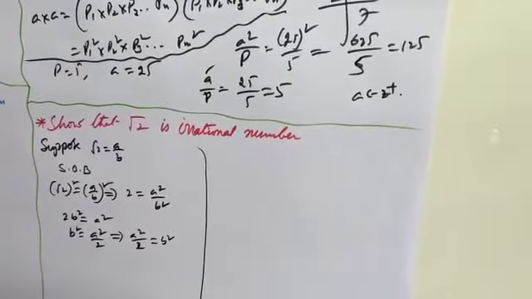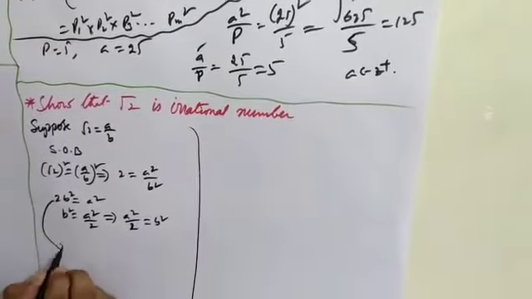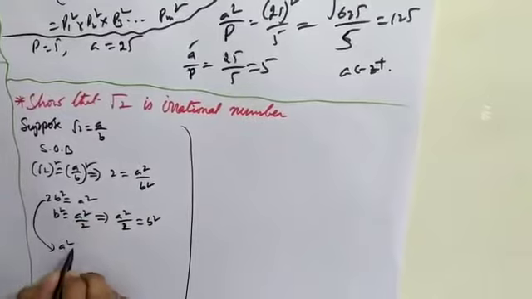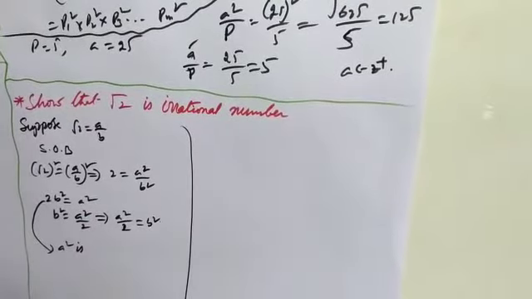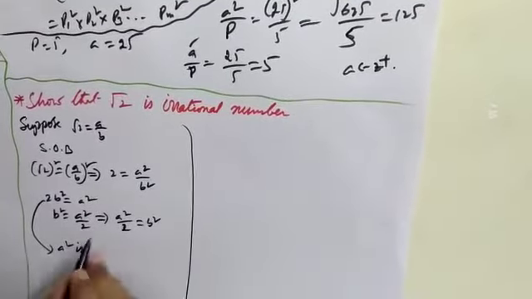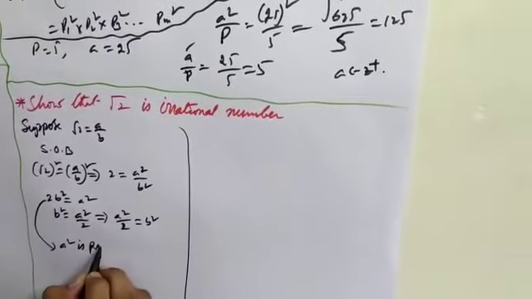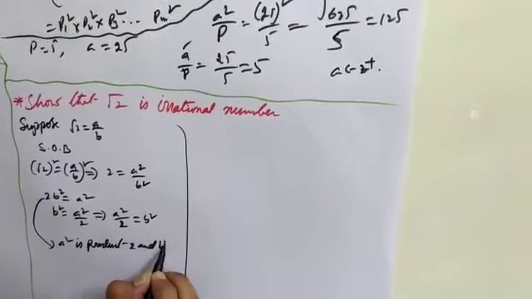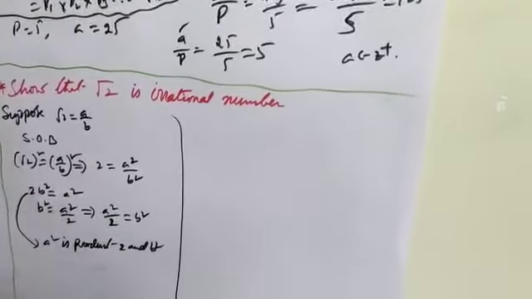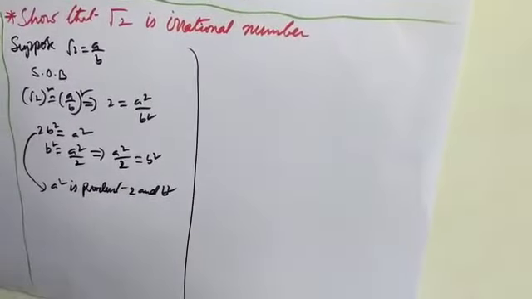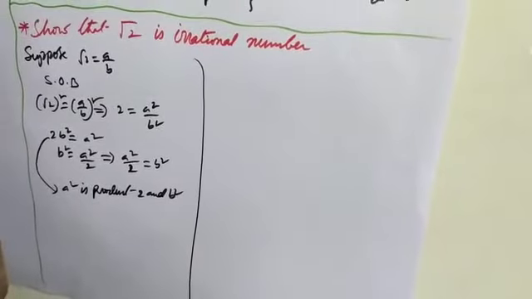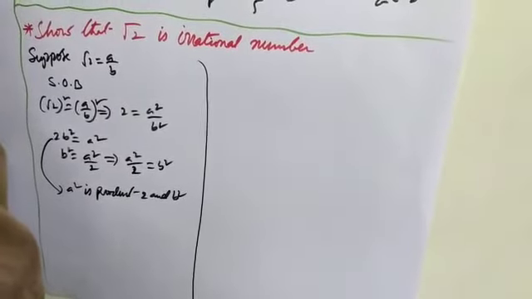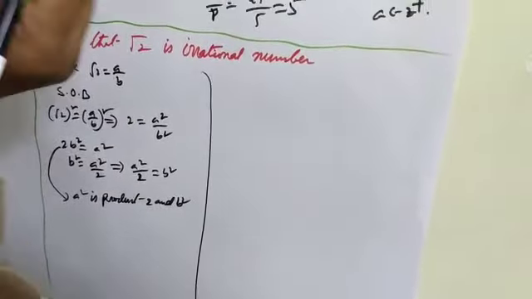Therefore A square is the product of 2 and B square. You take any number, even or odd, for example 2 into anything: 2 into k, where k is any natural number.